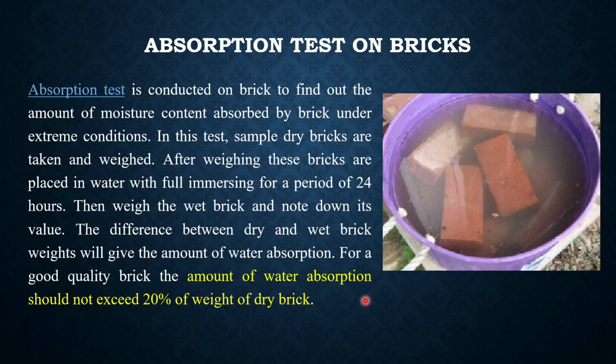In percentage, it should not exceed 20 percent of the weight of dry brick. So the wet brick should have only 20 percent water absorption, not more than that. If this condition is satisfied, then your brick is in a very good condition.